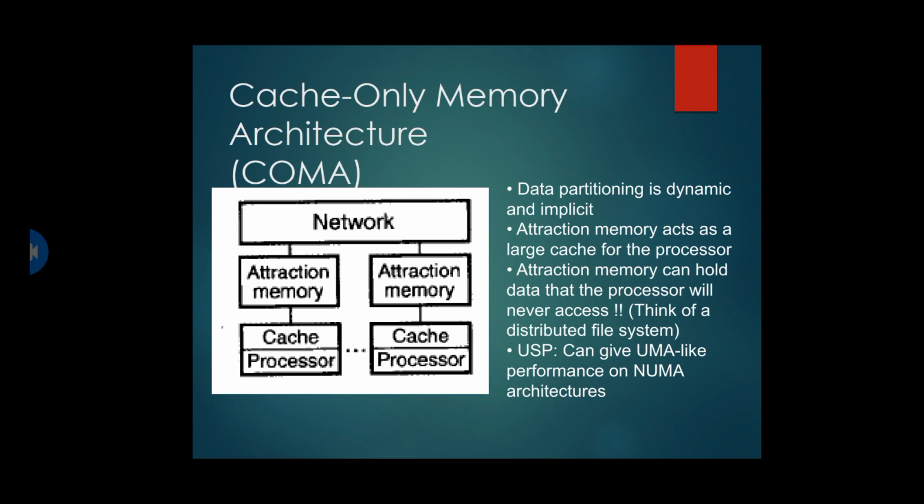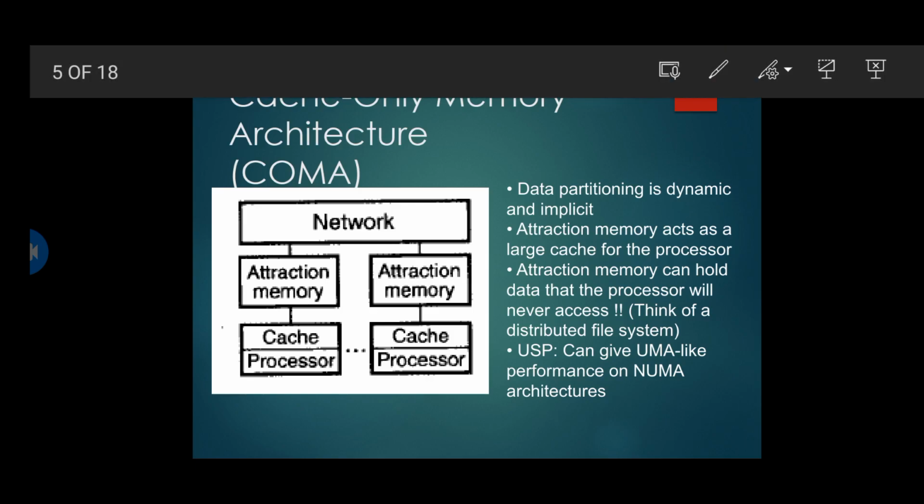Now let us see what cache only memory architecture means, which is the main topic of the whole PPT. Cache only memory architecture is simply called COMA. Here there won't be any main memory. There is just a cache memory connected to the processor, and each one is subcategorized into attraction memory, which is further attached to the network.